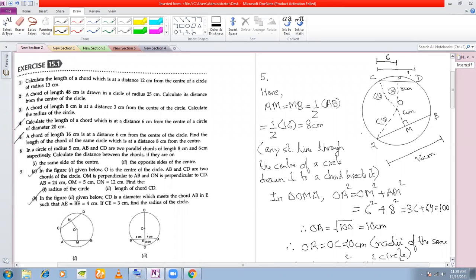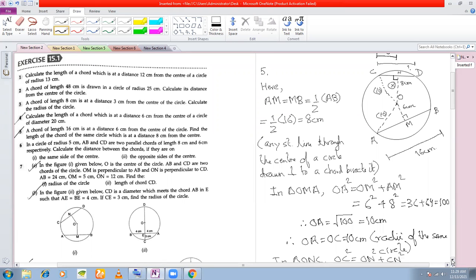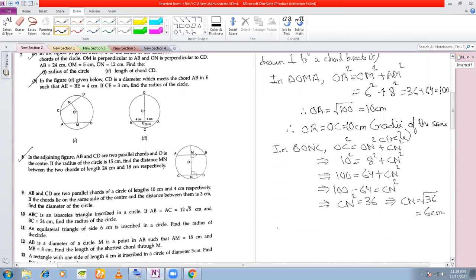Okay. So CN, this length, how much have we got? 6. So what is the length of CD? Double of 6, because this is perpendicular, right? So we write CN is equal to ND is equal to 6 centimeters. Therefore CN is equal to ND is equal to 6 centimeters. Why?